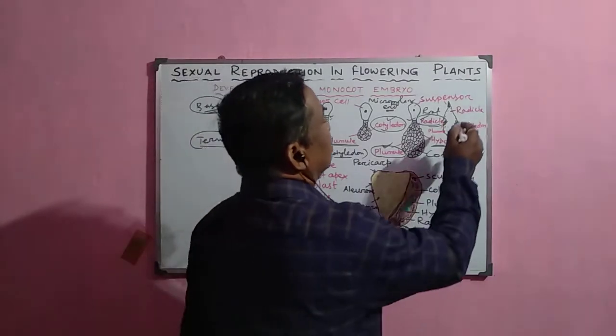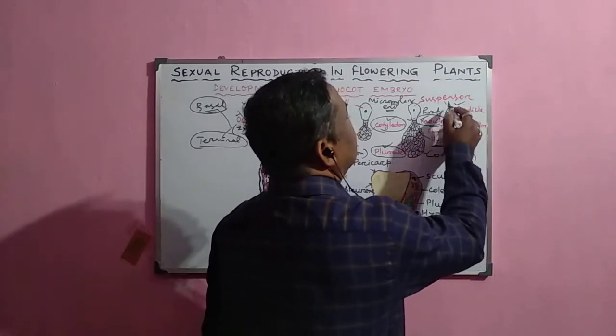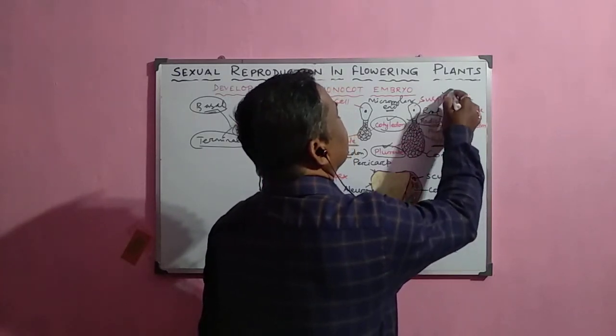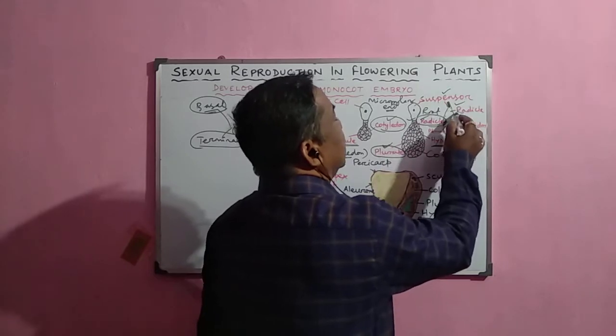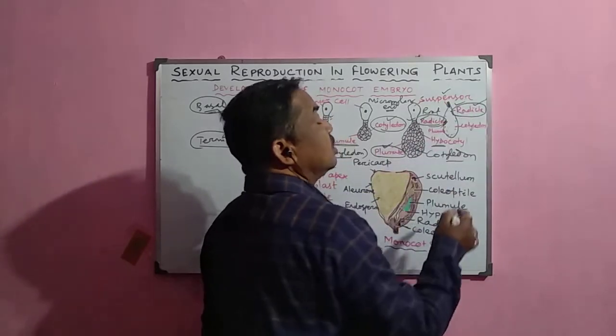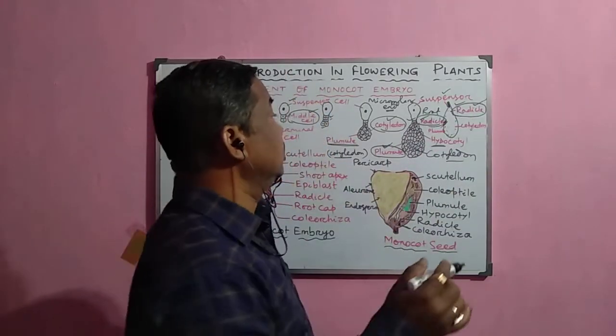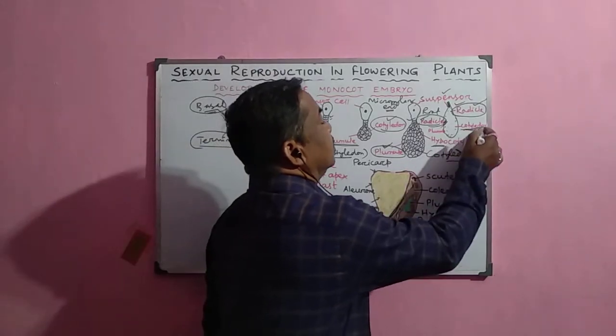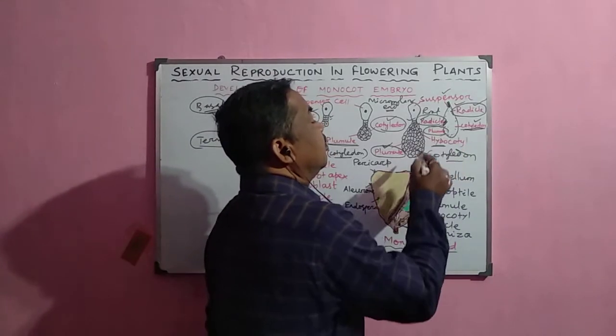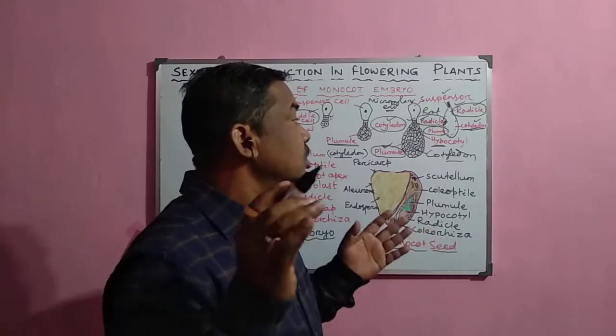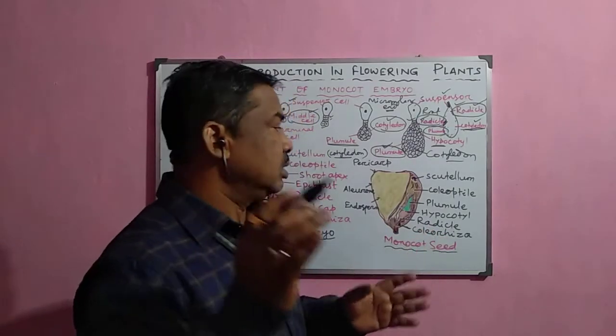Now this is the embryo, and this is the suspensor cell, called the haustorium, this is the root developing part, the radicle, and this is the cotyledon containing the reserve food material. This is the plumule, which later develops into the shoot part of the plant.